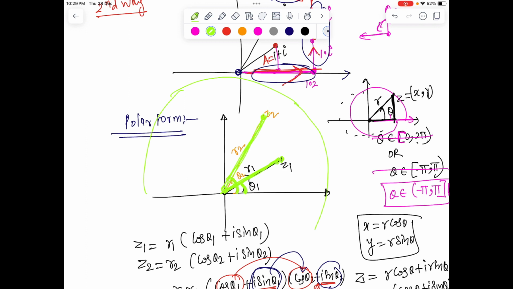So let's say theta 1 is 30, theta 2 is 90, then it will go somewhere to 120, right? So now we have got the final answer for z1 z2, whose distance from origin is the product r1 r2, and the angle is theta 1 plus this extra theta 2. So this entire angle is theta 1 plus theta 2.